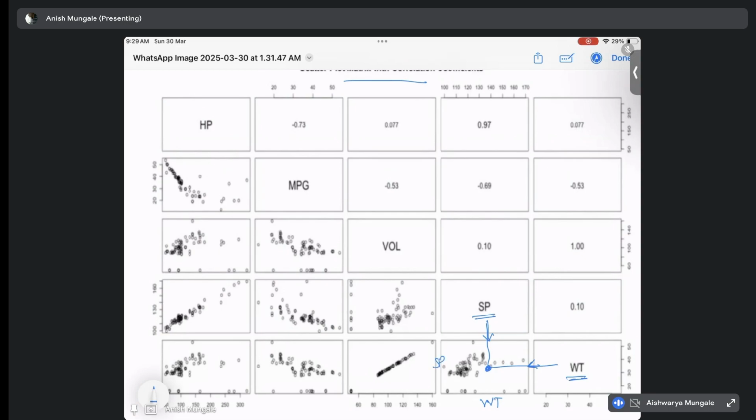And for the same, if you look diagonally, it will give you the correlation. Now check the combinations for which there is very high correlation. So this one is there, then this one is there, then any other one.